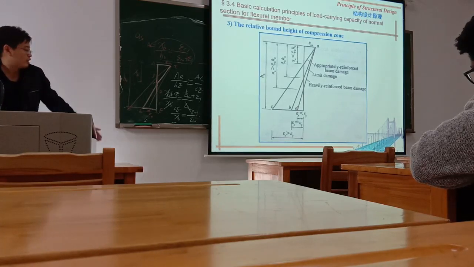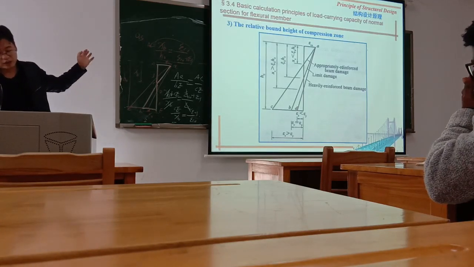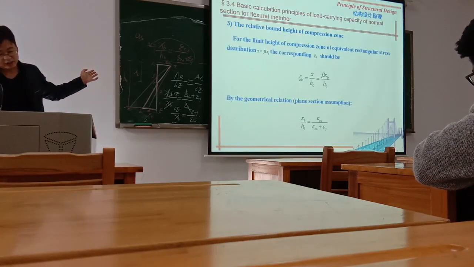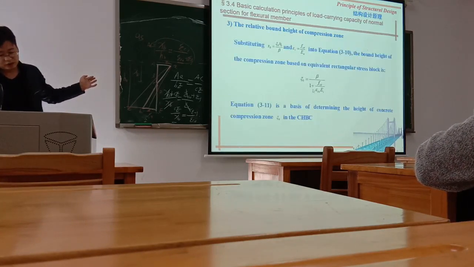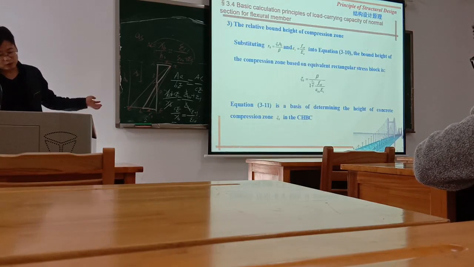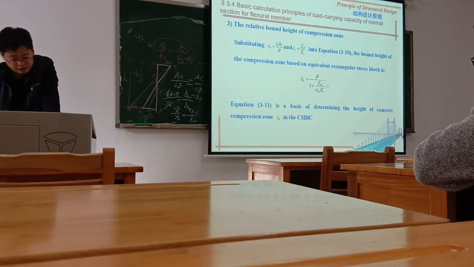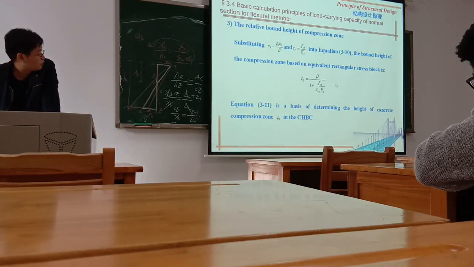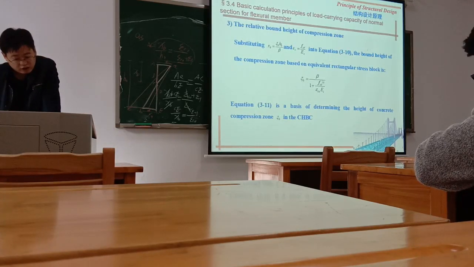This process just tells you how we get this value CB, because finally we can replace this symbol into this format, and we can see it includes the strength of the steel and the modulus of the concrete.